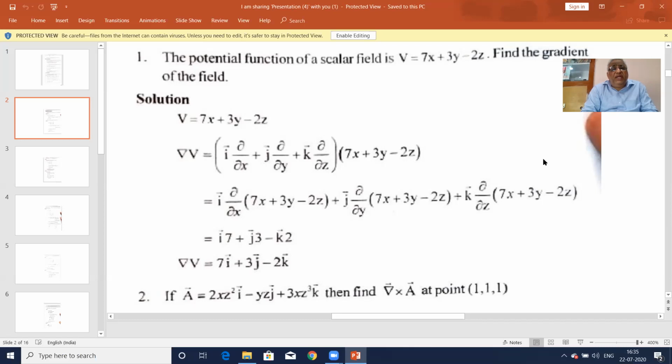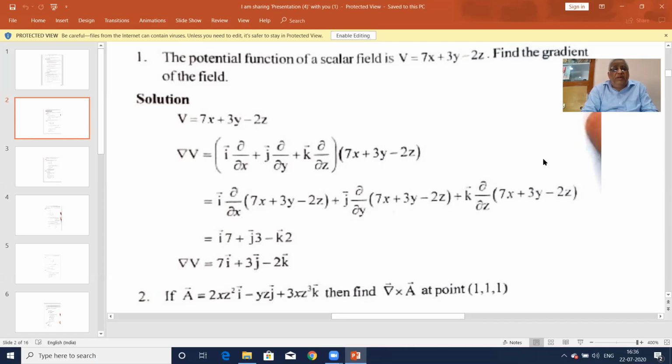By solving individually, we take the i component: i dou by dou x of 7x plus 3y minus 2z, plus the j component: dou by dou y of 7x plus 3y minus 2z, plus the k component: dou by dou z of 7x plus 3y minus 2z.